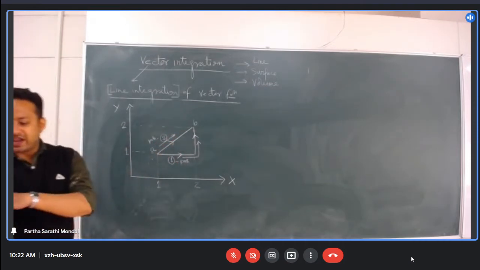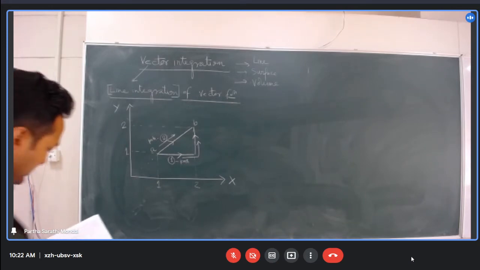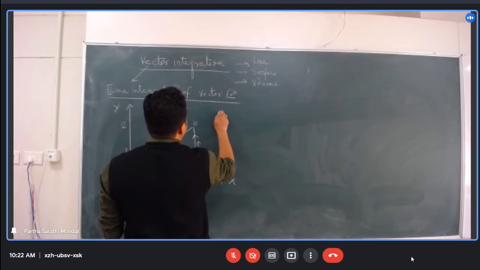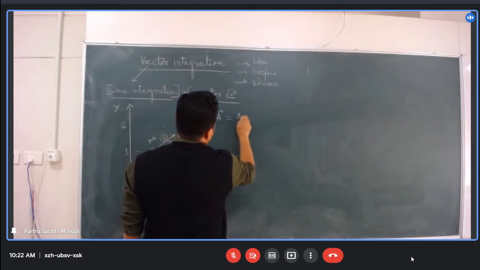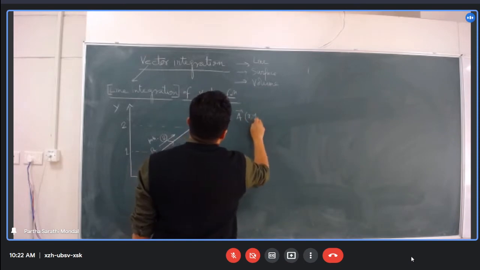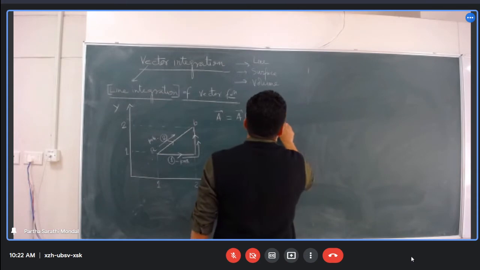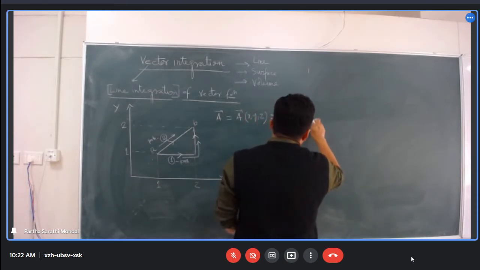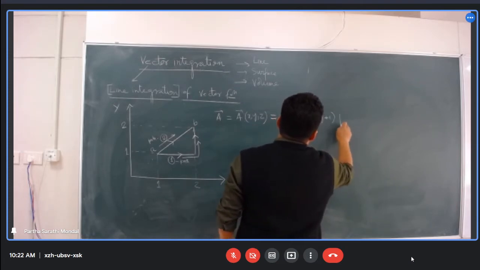So now we got the line, we described the line in this picture. Now we need a vector function which will give you the vector integration. So let's say the vector function A is a function of xyz, as I mentioned to you already. Let's say the function is y square I plus 2x into y plus 1 into z.